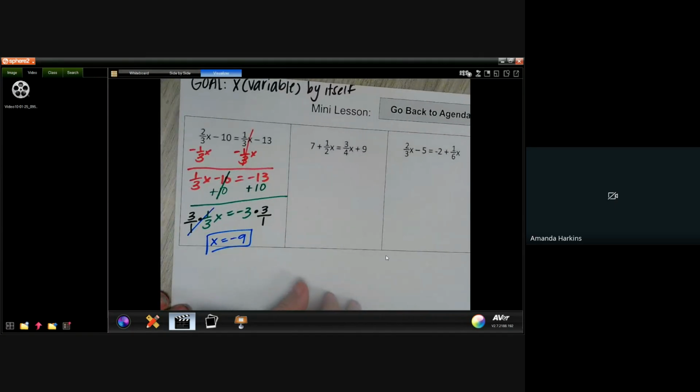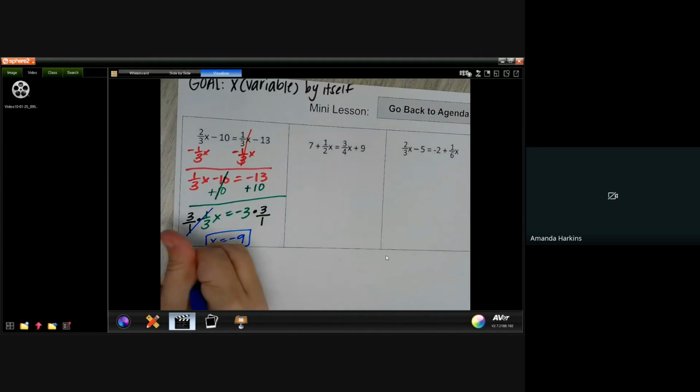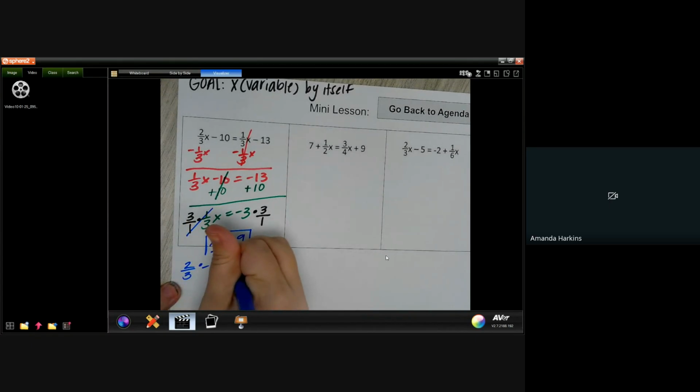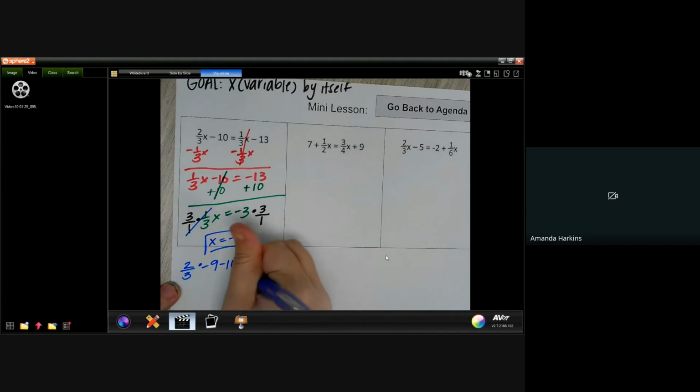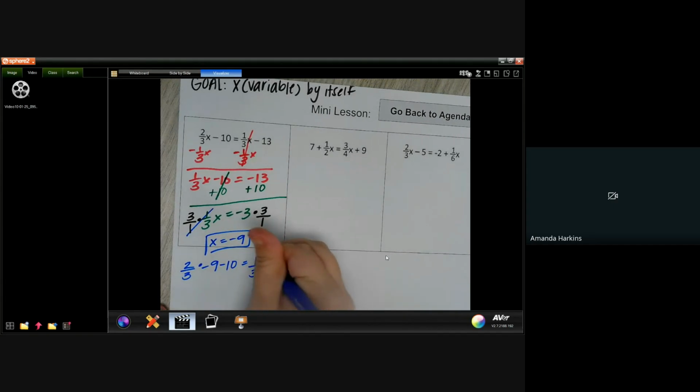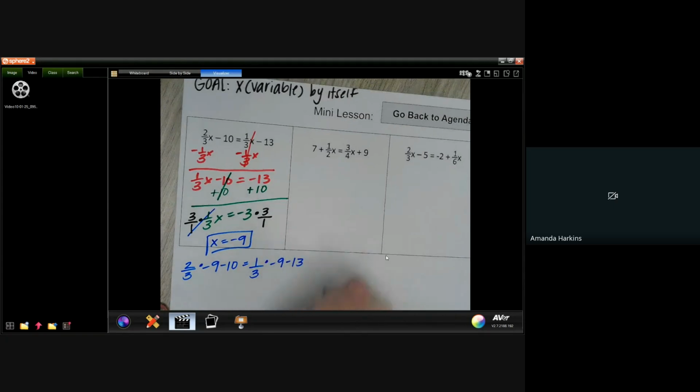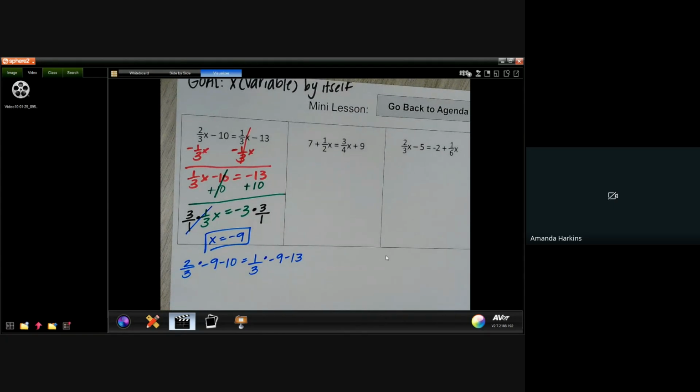I can always check my answer, so I can do 2/3 times negative 9 minus 10 equals 1/3 times negative 9 minus 13. So let's see if my equation is correct.